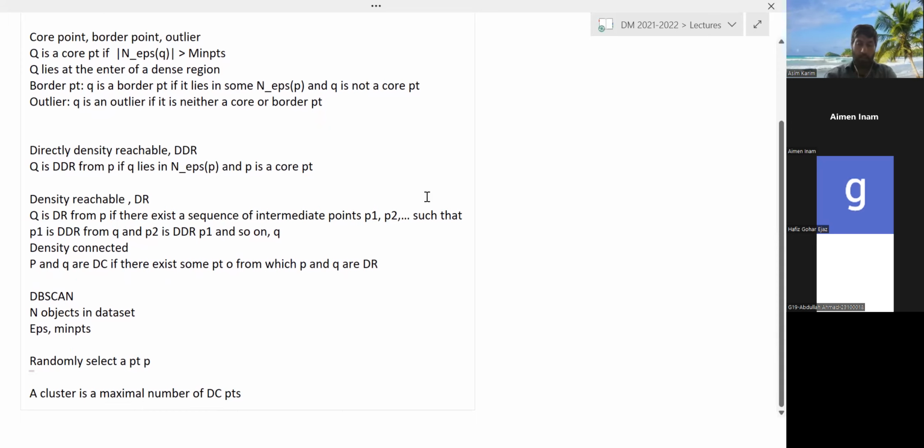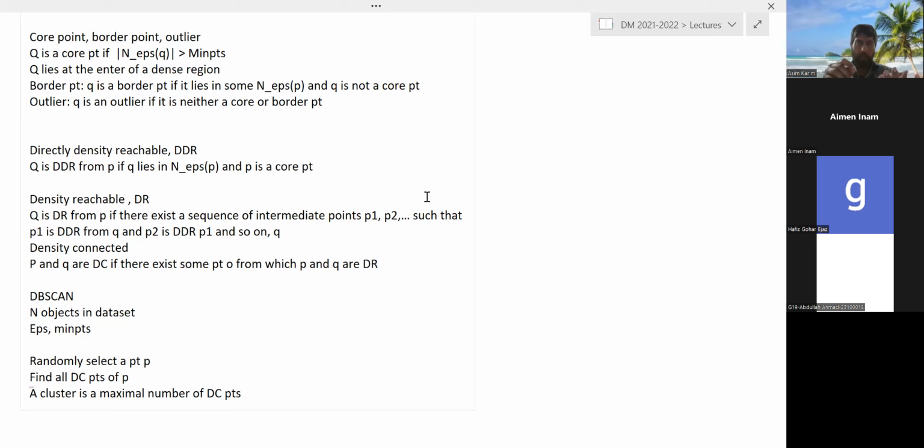And of course, once we have selected a point P, we have to find its neighbors, and based on its neighbors, we define its region. In other words, we find all density connected points of P. Okay. So if P is a core point, of course, it would have a region of its own. It will have some border points.